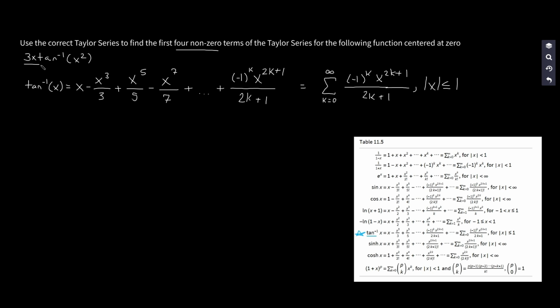We'll address this 3x on the outside of the arctangent function in a second. But the main concern at this point in time, I do believe, is to replace every x in the base series with the inner function x squared. So we'll go ahead and start rewriting this.